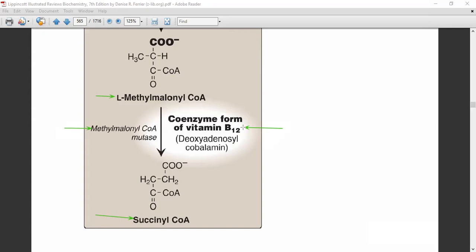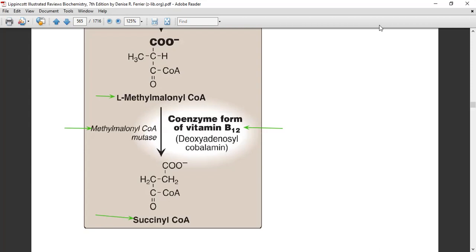Now, if you have deficiency of B12 in your body, methylmalonyl CoA mutase will not be effective. So you will have accumulation of methylmalonyl. That will be known as methylmalonic acidemia, because methylmalonyl is an acid. But we will look at that in a few.